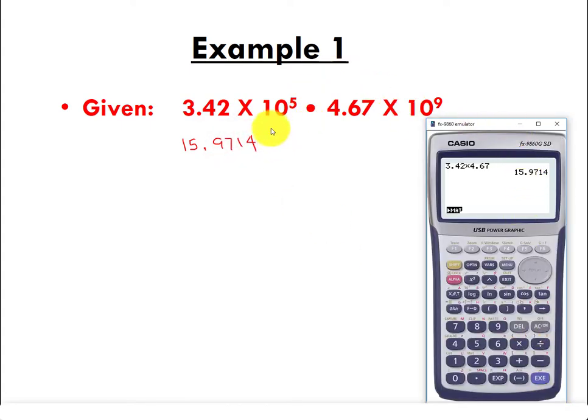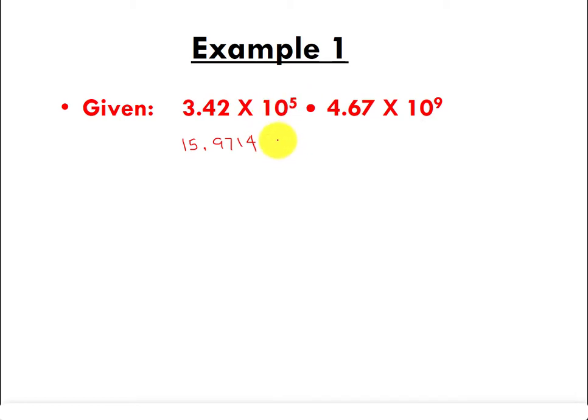Alright, and then we are going to multiply 10 raised to 5 by 10 raised to 9. Now this is just equal to 10 raised to 5 plus 9, 14.